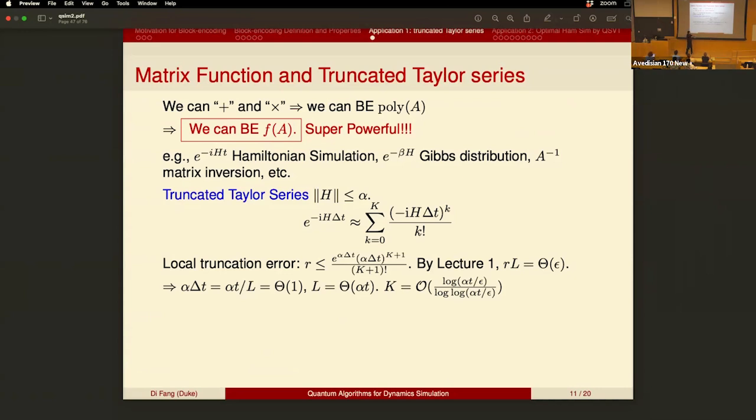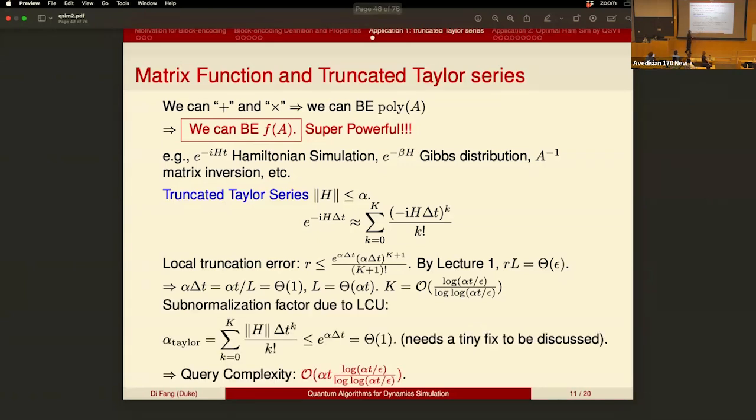You first use each of these block encodings of H to construct a polynomial, and then you add them together. The cost overall is going to be this. As I claimed earlier, it's almost linear in time t, which matches the theoretical lower bound. Amazing.